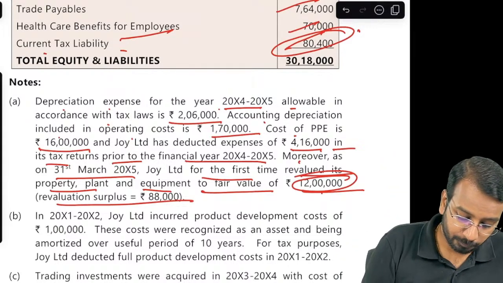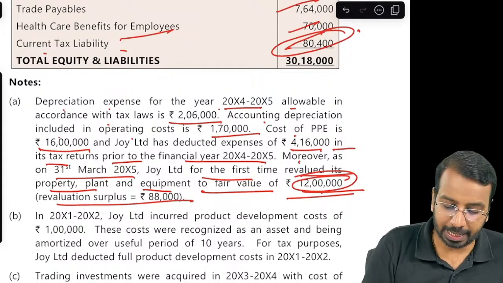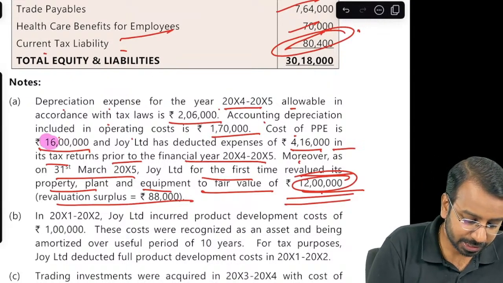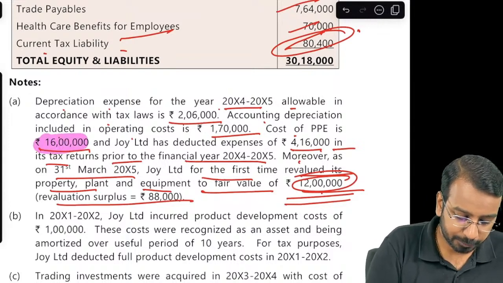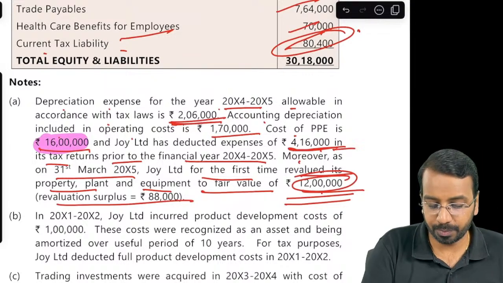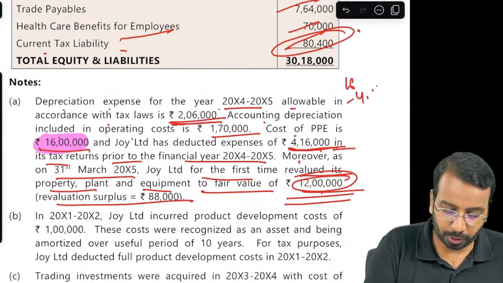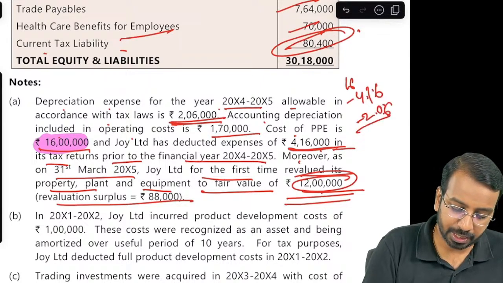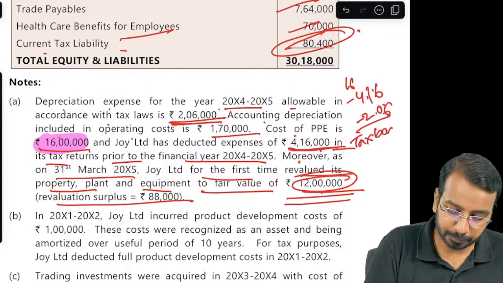Now, value as per books is how much? 12 lakhs. This is the carrying amount. What is the tax base? Tax base is 16 lakhs minus 4,16,000 minus 2,06,000. So what you have to do is 16 lakhs minus 4.16 minus 2.06. What you will get is the tax base.